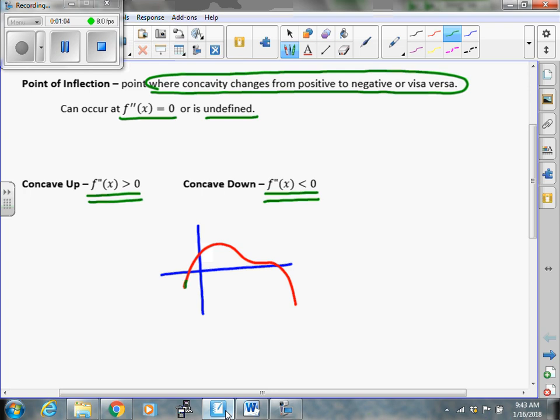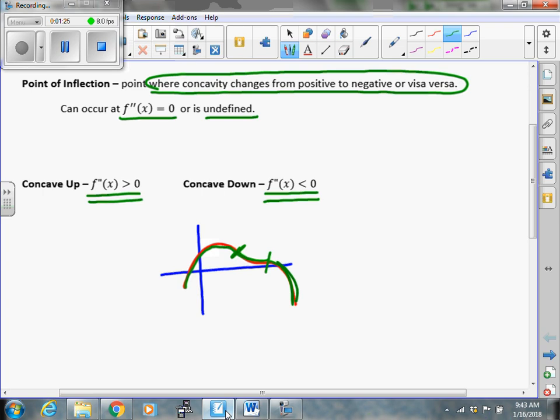In this region right here, it's concave down. It's bowed down, it's frowning. Right about here, you'll notice that it's changing its concavity. Now it's bowing up.